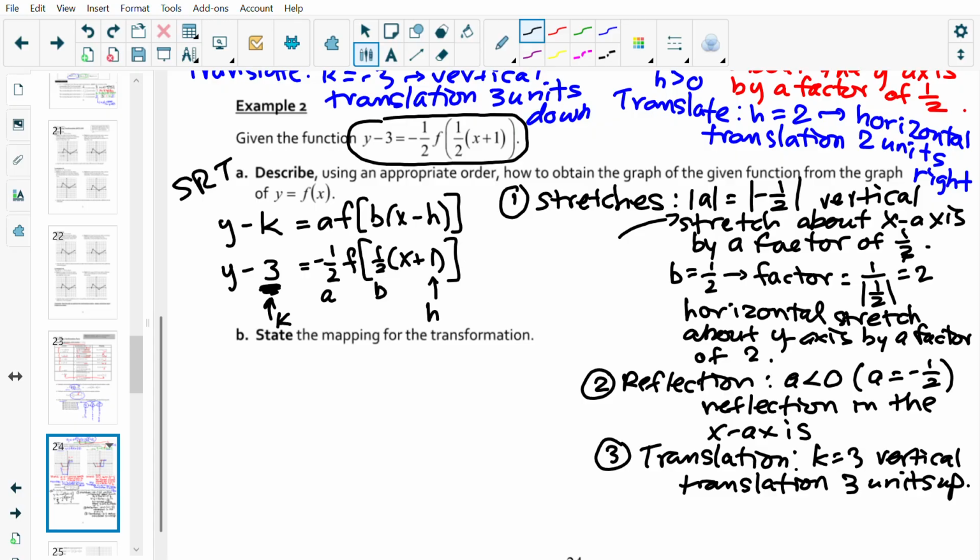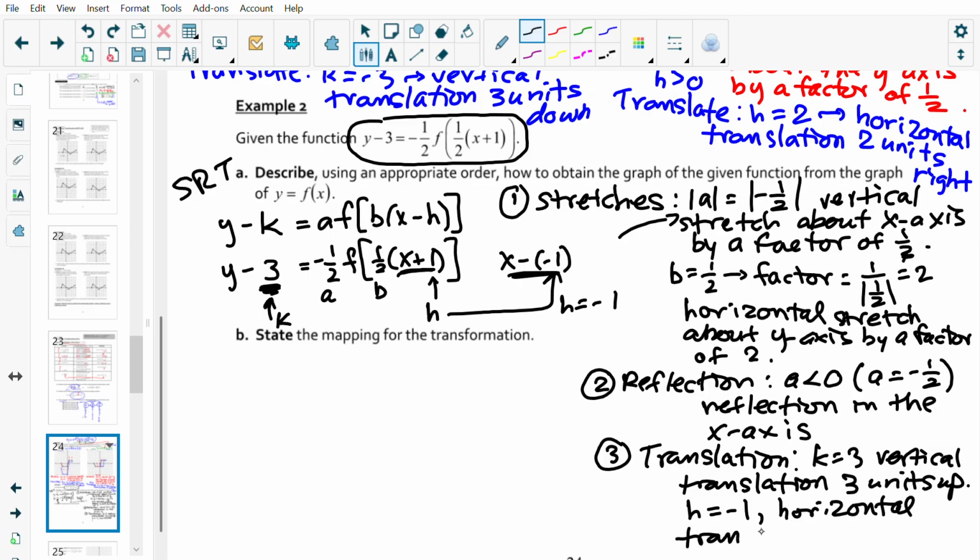Okay, h value. I'm not matching. It says x plus 1, x minus h. How do I make it match? I will say x minus negative 1. So h must be negative 1, if I'm just isolating this part in the brackets. So h is equal to negative 1. What kind of translation is that?